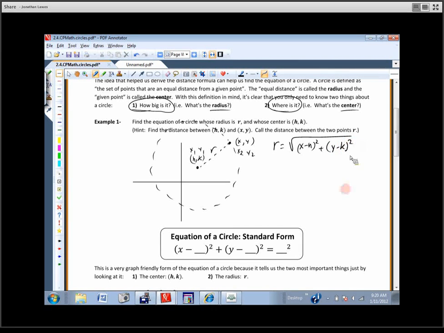That's just the distance formula. All we're doing is finding the distance between x, y and h, k, between this point and this point. It's just using the distance formula that we used up above.